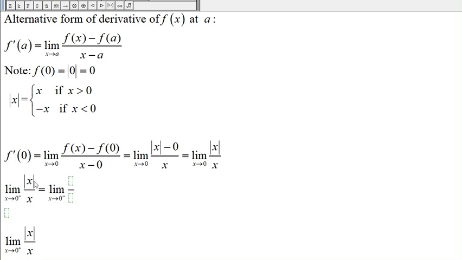And therefore the absolute value of x is equal to negative x. But negative x divided by x is negative 1, and then the limit of the constant negative 1 is just negative 1.